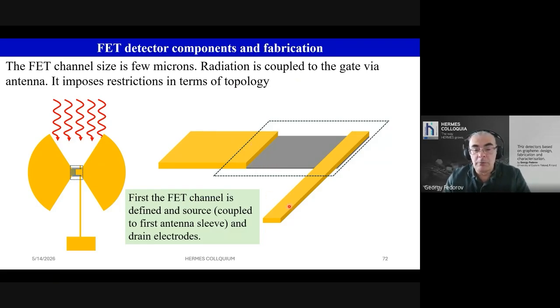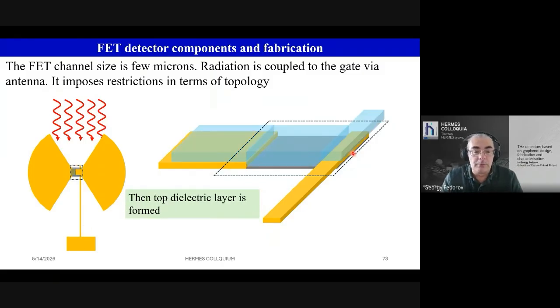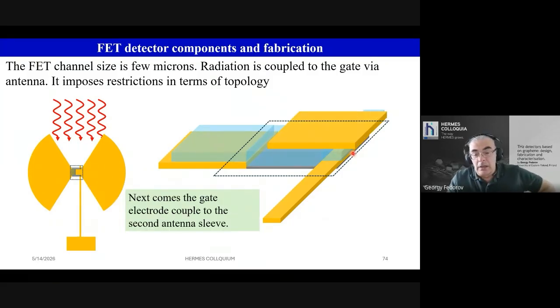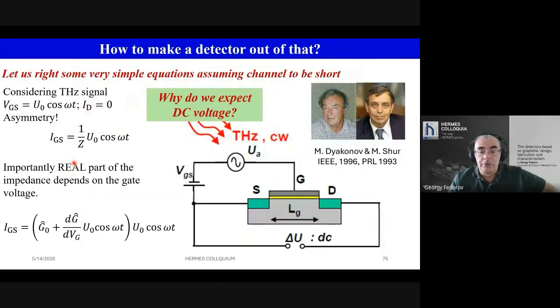The drain electrode will be made not coupled to radiation. It will be decoupled from that. Then you want to fabricate another sleeve that is a gate electrode. So you have to protect your channel from the gate electrode with a dielectric. Then you deposit this golden top electrode, which is coupled to the antenna.